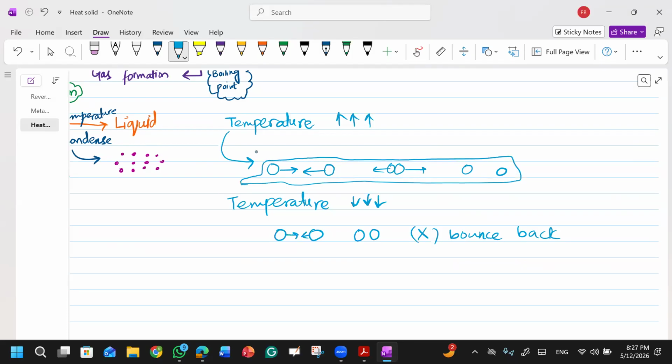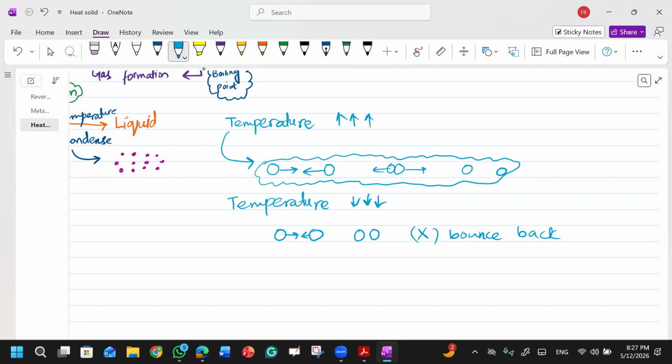That is why they tended to bounce back in the first case, when you were giving the temperature in the heating curve. But when you decrease the temperature, what will happen? When the particles approach each other, when they come closer to each other, they will not bounce apart. And why will they not bounce apart?